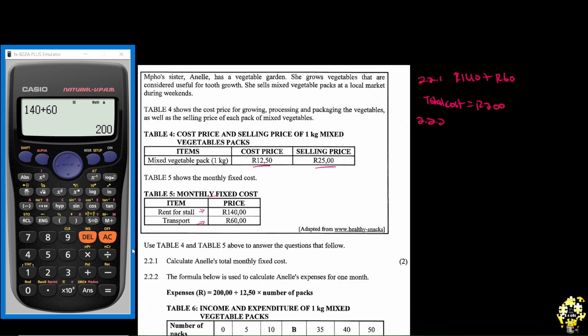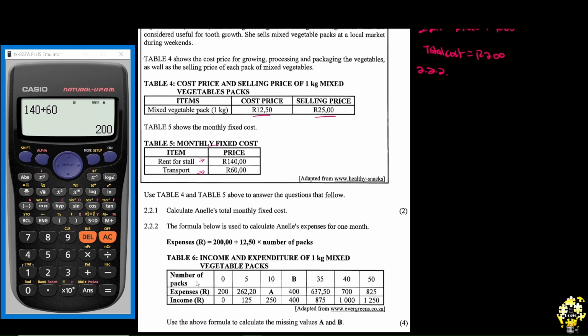Now to 2.2, what's the question that follows? We've been given an expenses structure, as you can see. Usually they do, sometimes they do not. The formula below is used to calculate annual expenses for 1 month. But by now, I think you are familiar with what an expense structure looks like. From lesson number 1, we went through it.